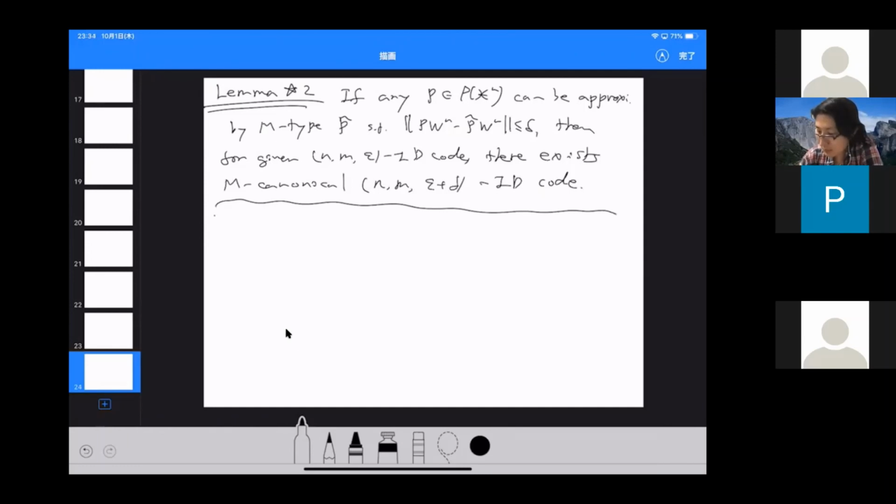Okay, so the proof is not difficult. By assumption, we can approximate any distribution by an M-type. So for each distribution corresponding to message A, find an M-type P tilde A such that the variational distance between the output distribution of PA and the output distribution of the M-type is less than delta.